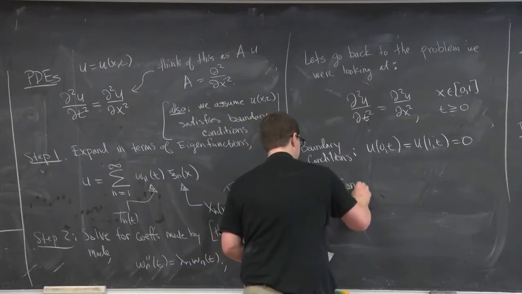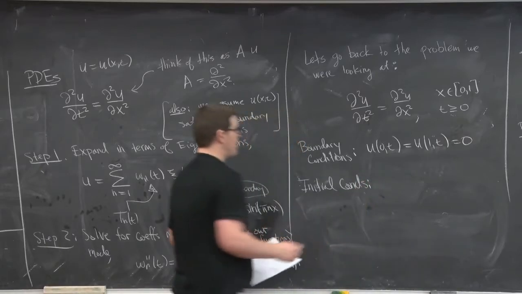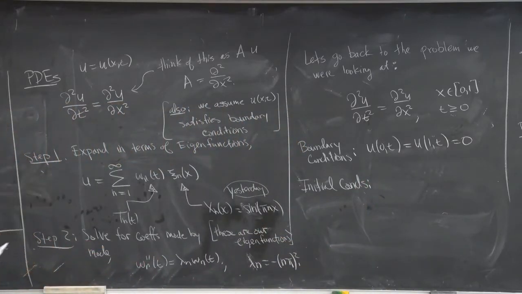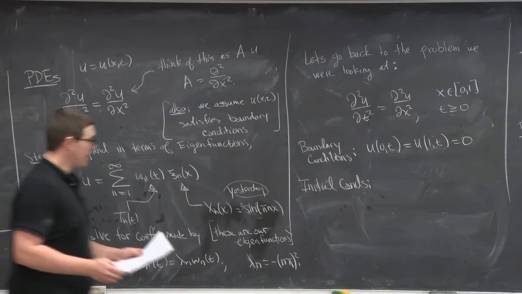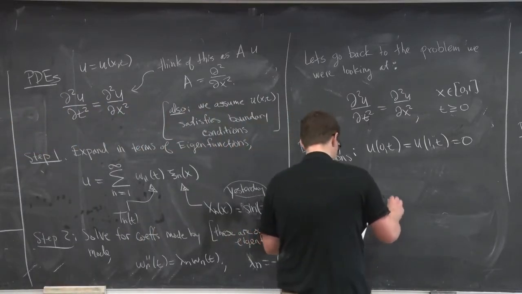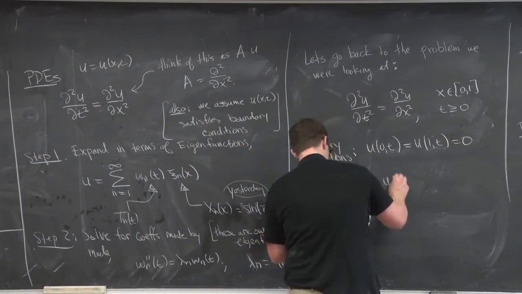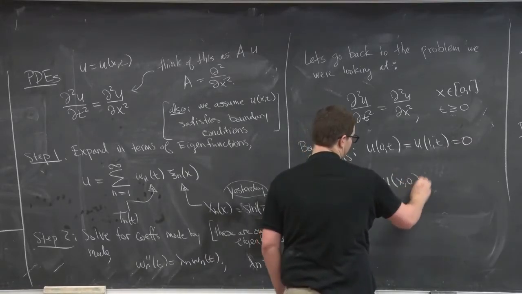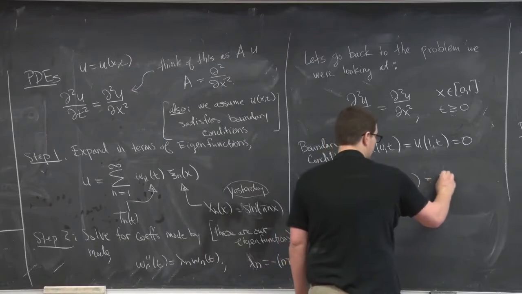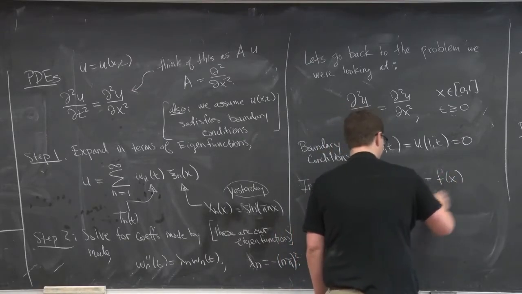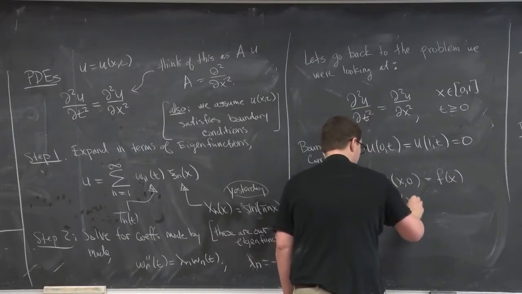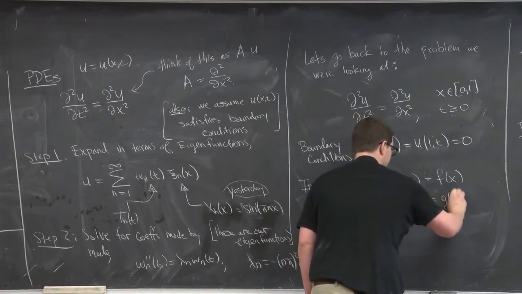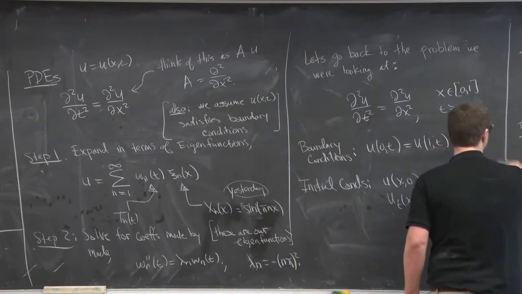I didn't really talk about the initial conditions, and I punted that to today, which is something that I'm going to talk about more. So we could have something like u(x, 0), so at time 0, is equal to f(x), and u_t(x, 0) is equal to g(x).